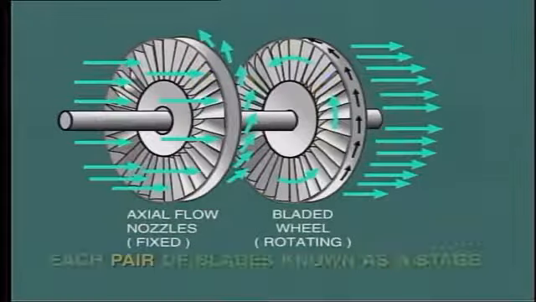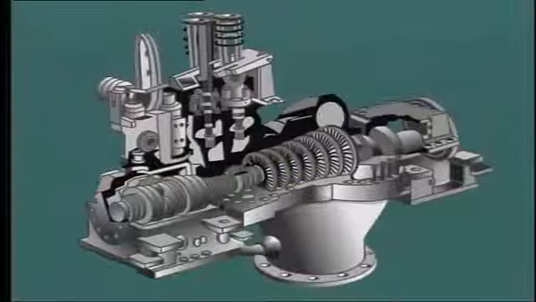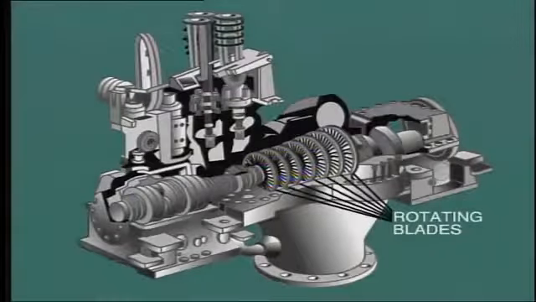Each pair of stationary and associated moving blades are known as one stage. Most steam turbines contain many stages of blading. In this example of a single cylinder machine shown here, we have 7 stages. And do not forget, the stationary blade is always ahead of the moving blade.